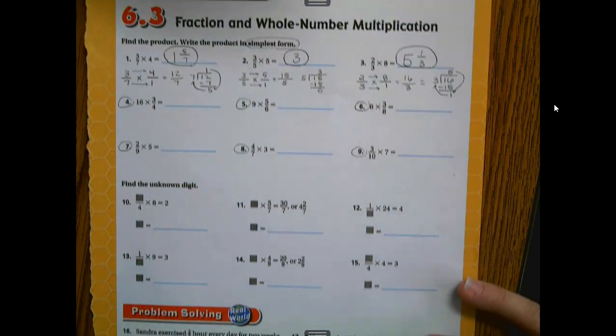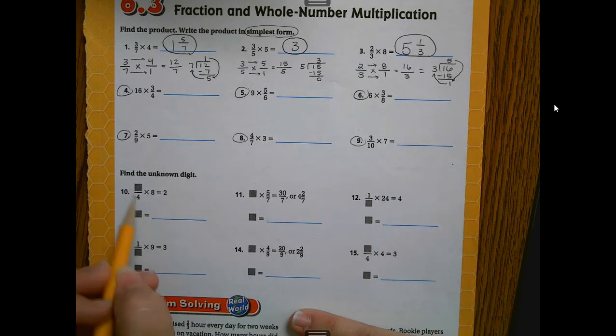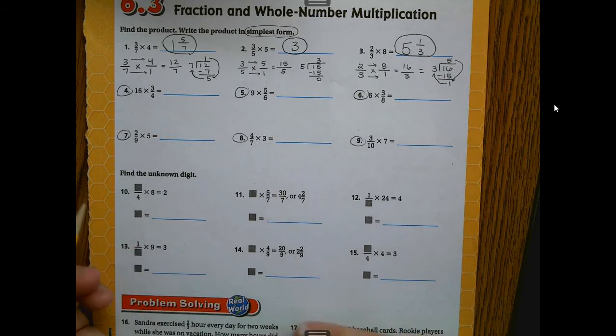On the bottom here, you're finding the unknown digit. So here you've got a numerator missing. Anywhere that there's this box here, those are missing. So you're going to have to think like here, something over 4 times 8 equals 2. Try to figure out what that box would be.